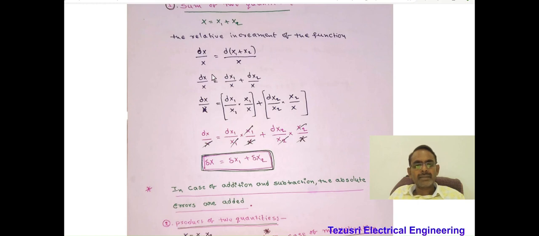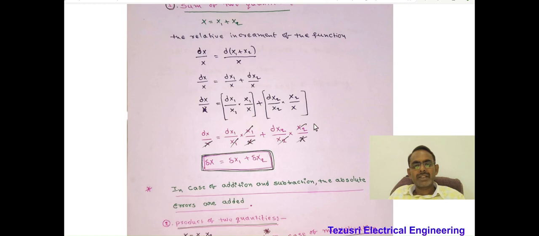Next, this equation is rewritten as dx by x equals dx1 by x1 into x1 by x, plus dx2 by x2 into x2 by x. We take all the x common, and x1 and x2 are cancelled out.